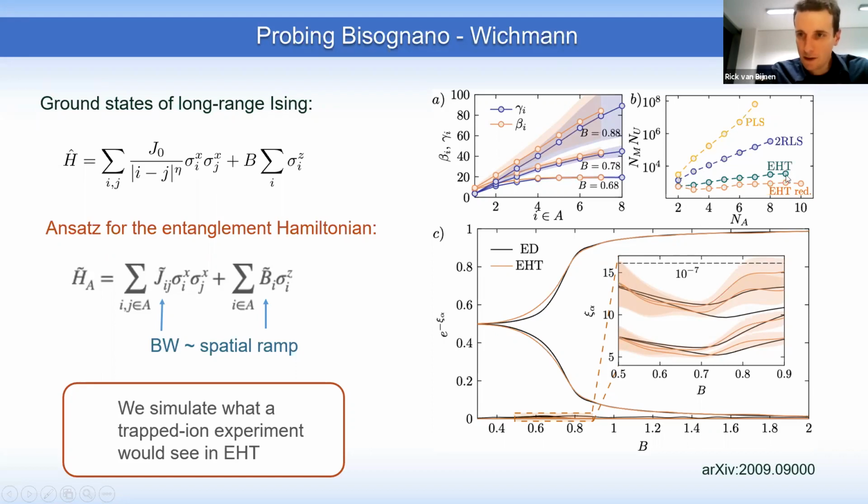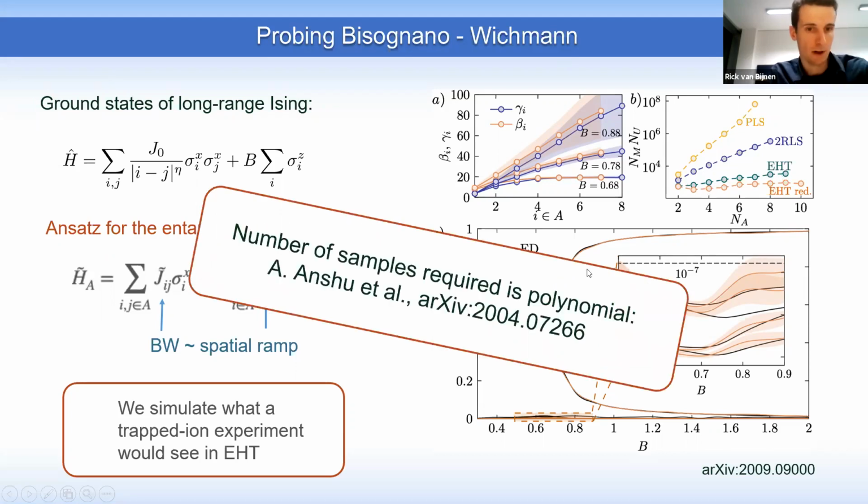Whereas our method, it's not entirely clear from this plot, but actually it flattens off. And we found later, when we were already submitting our paper, that one of these authors pointed out to us that they were able to prove that this entanglement Hamiltonian can be fitted with a polynomial number of samples. So it's really provably efficient in the sample complexity.